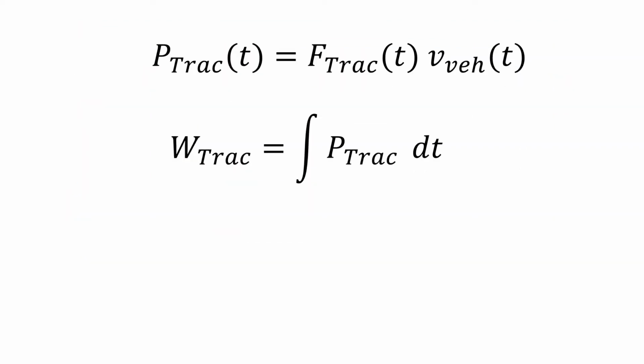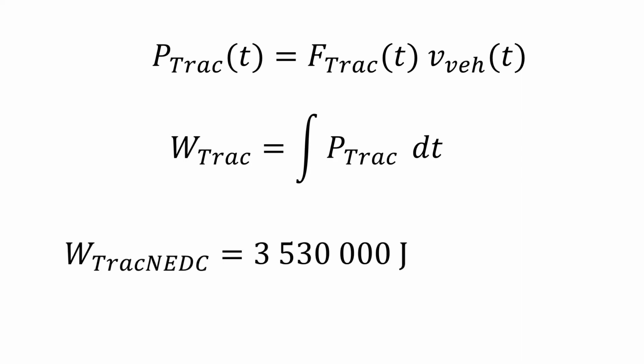The traction energy is the time integral of the traction power. If we calculate this integral for the whole NEDC cycle, the result is 3,530,000 joules or watt-seconds. Often it's preferred to measure energies in vehicles in kilowatt-hour.